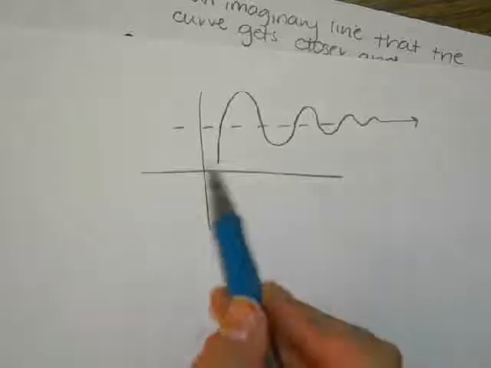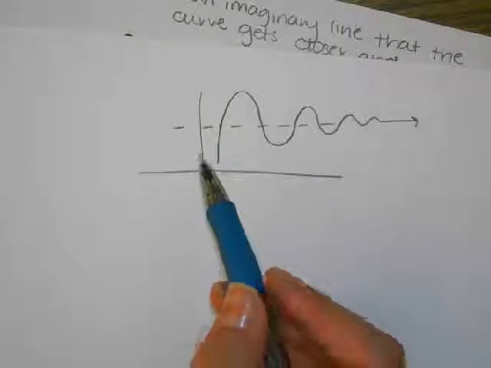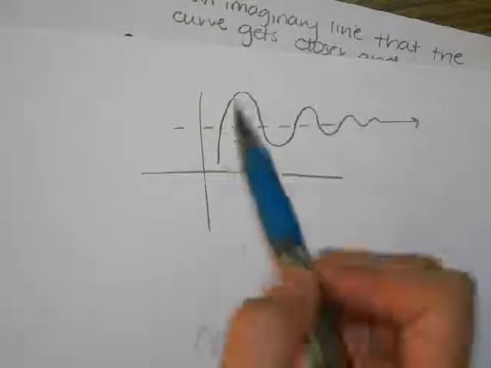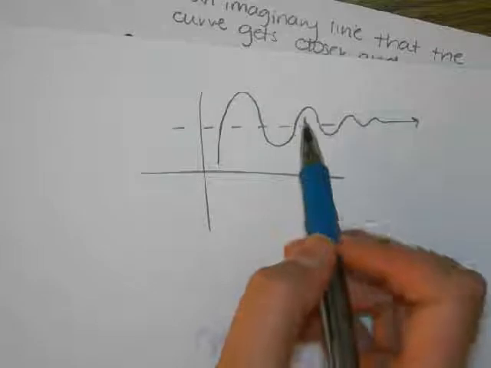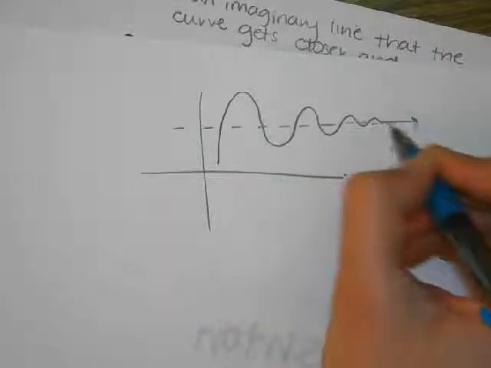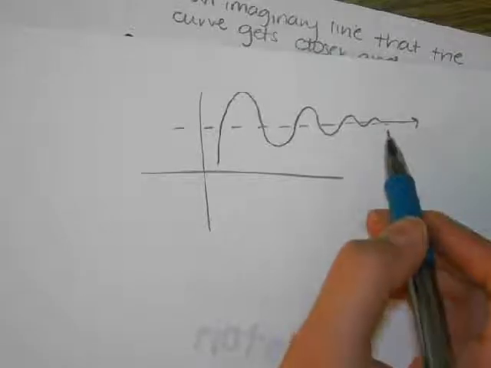So this is an example of a curve where it's crossing over the asymptote, and the curve is oscillating, going back and forth, but as you go forward throughout the curve, you find that the curve is getting closer and closer to the asymptote overall. Does that make sense? So in your head, don't think of an asymptote as a line you get close to but don't cross. Just think of an asymptote as a line that the curve is getting closer and closer to. It might cross it as part of that, but it is getting closer to the line over time.